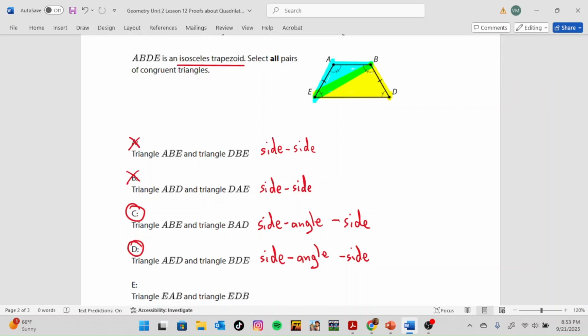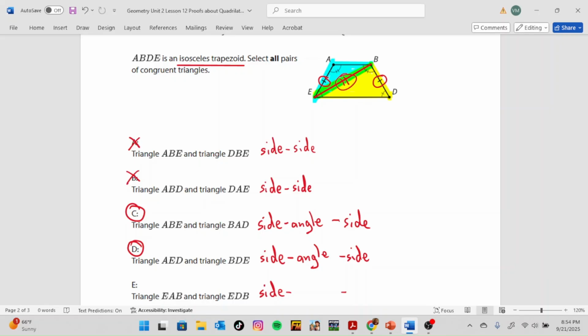We can see that the blue triangle has side AE, which is congruent on the yellow triangle to side BD. So we do have one side. Then we can see that the two triangles share side BE.